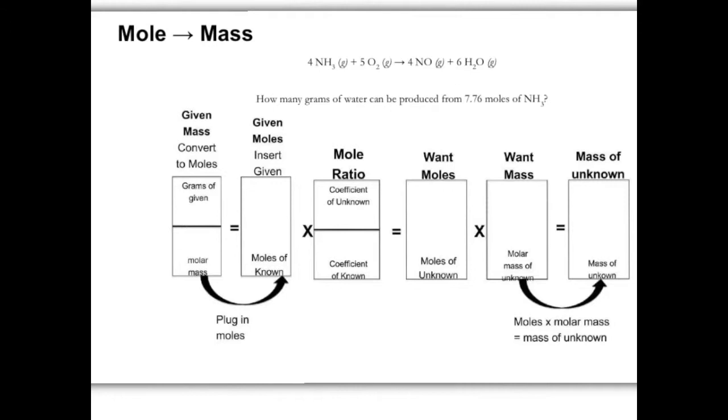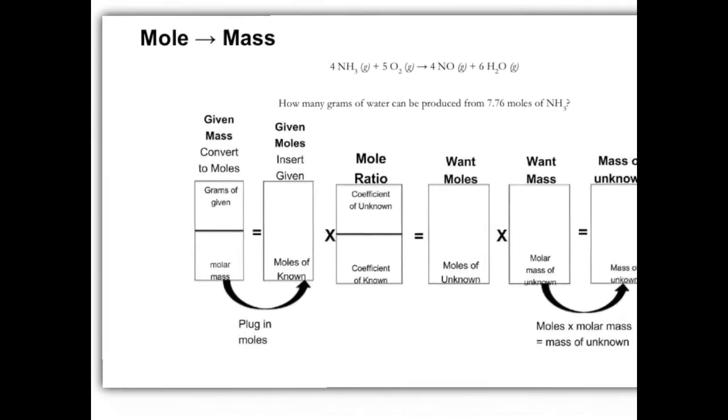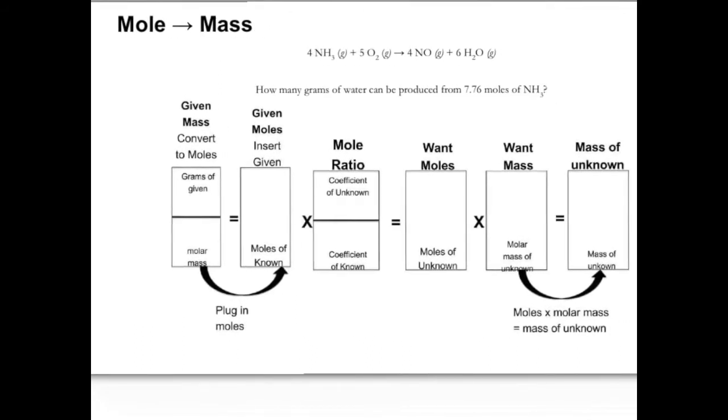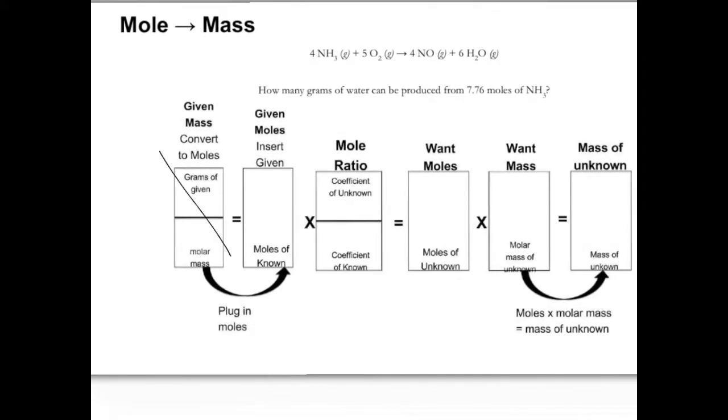So how many grams of water can be produced from 7.76 moles of NH3, ammonia? Well, since we have the moles, we're going to skip the first step, because we were given moles. So we can put in 7.76 moles of NH3, and then the coefficients always come from the balanced equation up here.